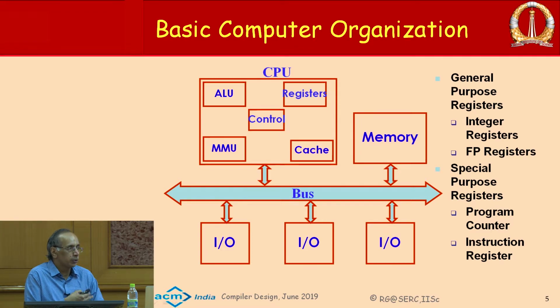That is why these are called special purpose registers. An example of this is the program counter. Program counter is the one which points to the next instruction that has to be executed, right? And similarly, instruction register is the one which holds the instruction which is being executed.